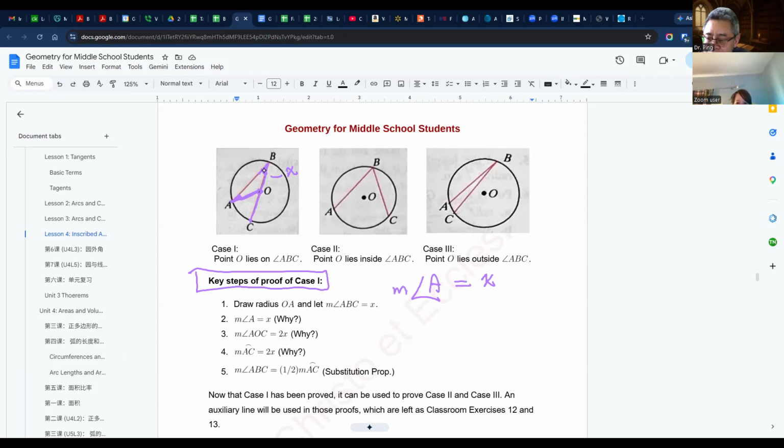We call this angle angle B, or ABC, X. And by some property or reason, we know this angle is going to be congruent to angle B. That means the measure of angle A is also X. And what is the reason?